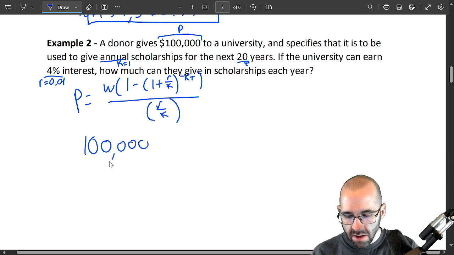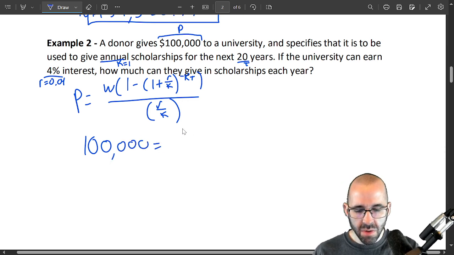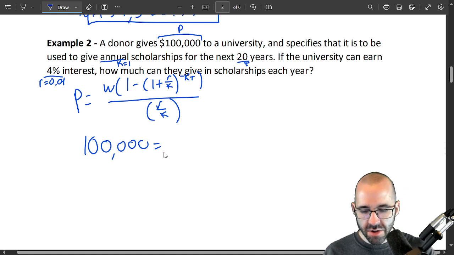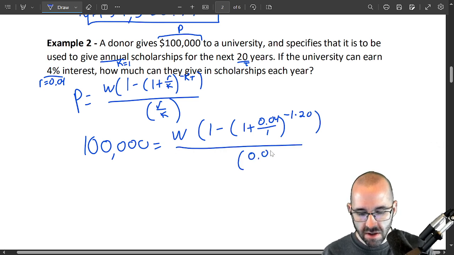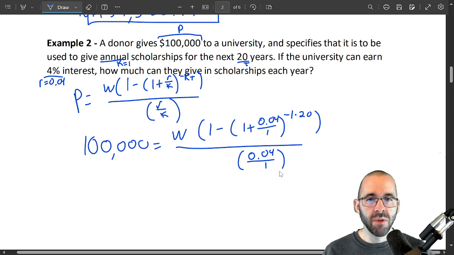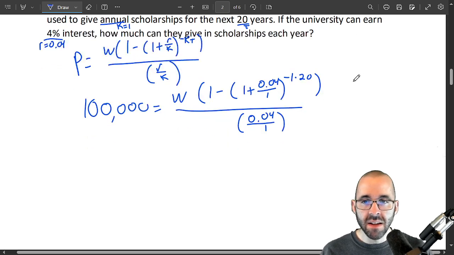We get 100K. W, we don't know how much we're giving out in scholarships every year. 1 minus 1 plus R, which is 0.04, over K, to the negative K times T. K is just 1, so that's nice. And then just like before, it looks real messy.